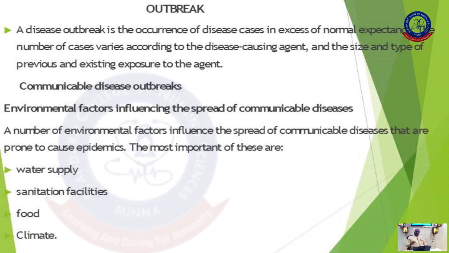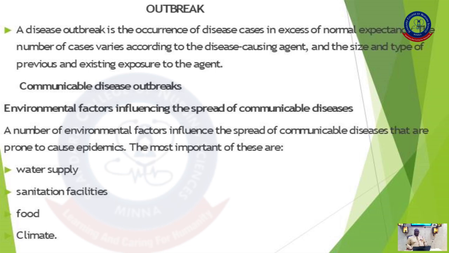So when we come to an outbreak of communicable diseases, they just don't normally occur like that. There must be a factor that supports or facilitates or influences the speed of transmission. So I want us to identify these factors now.